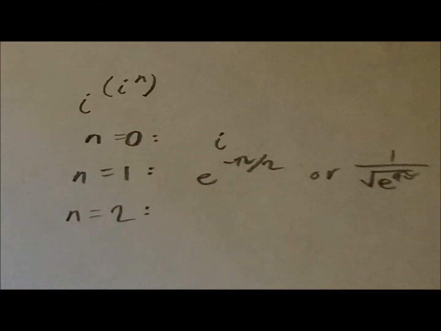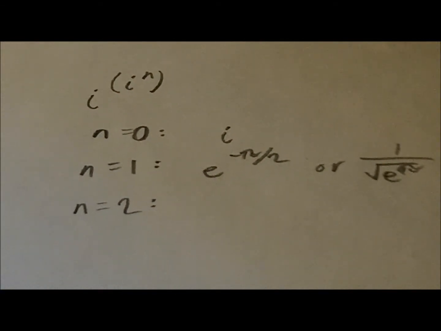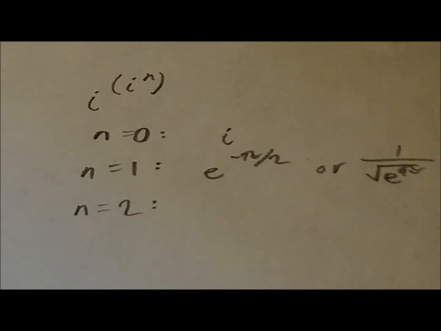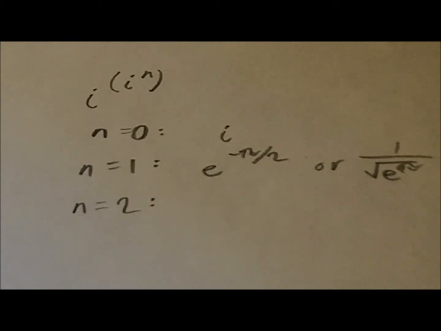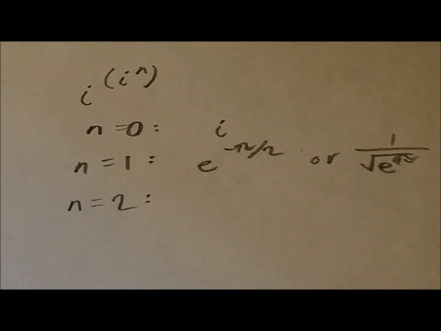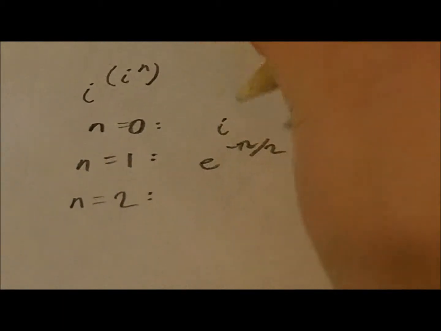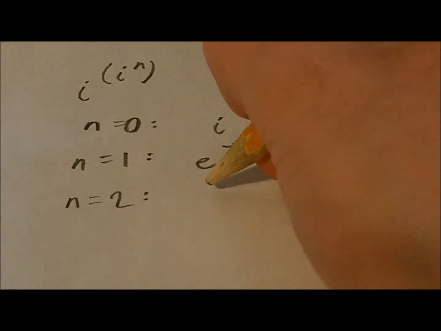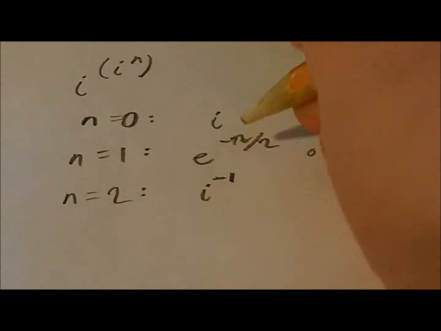Now for n equals 2, i squared is negative 1, so we're talking about i to the negative 1.